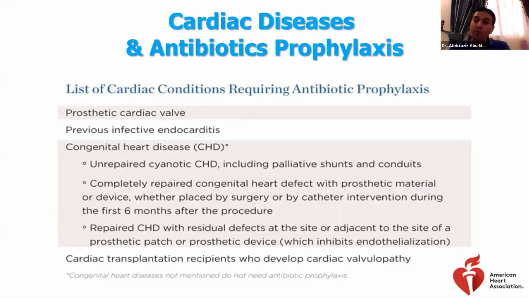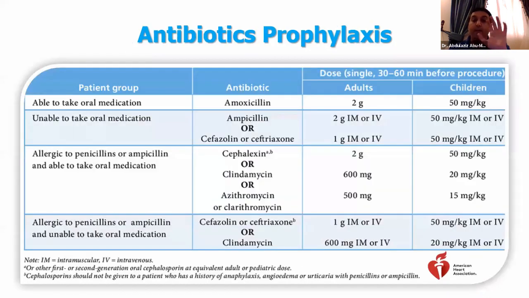These are the only categories from the American Heart Association which require antibiotic prophylaxis. This is the regimen. They didn't change the recommendation, unlike the American Endodontic Society's recommendation regarding clindamycin. So it's still the same regulation, till date, 2020.